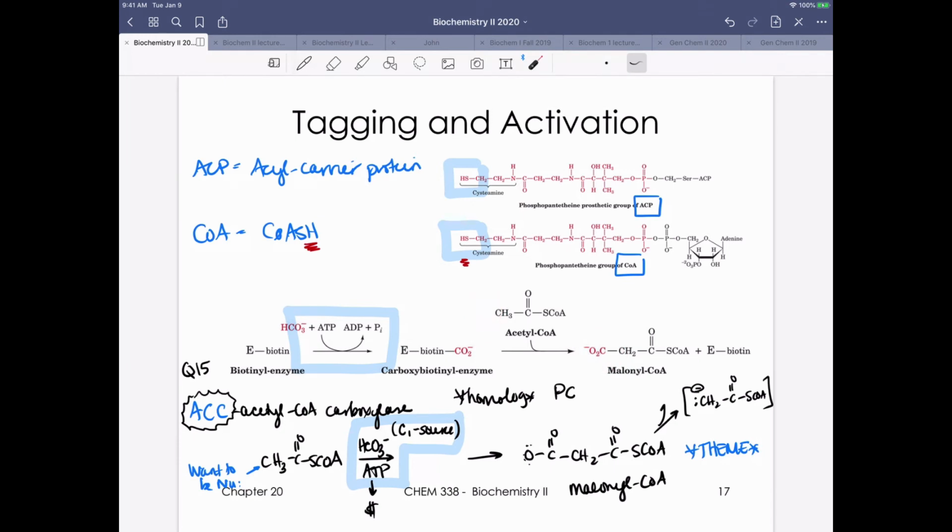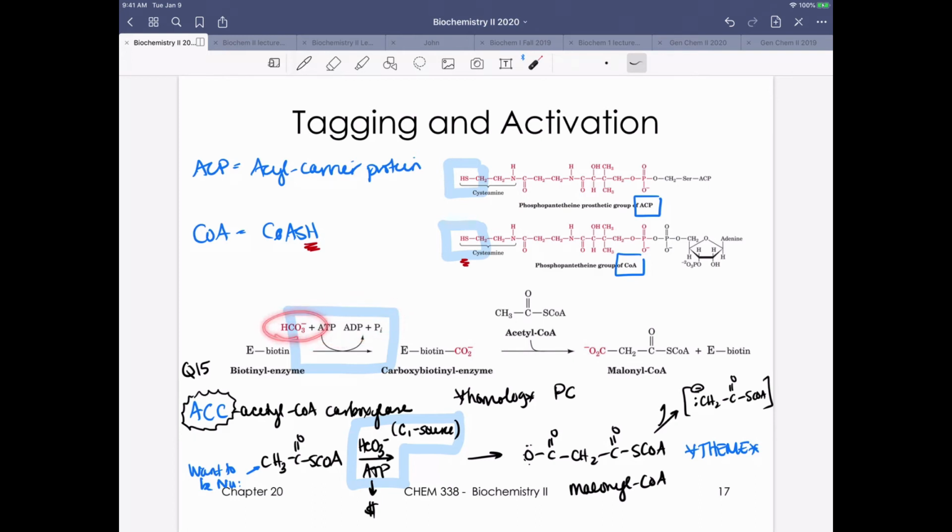Now, that's not easy chemistry to do. Remember, we've seen chemistry like this before. Pyruvate carboxylase did this chemistry. That's why we've got this written down here that this is a homolog. Remember, what we needed for that was vitamin B7, so we're going to need to see biotin here. Biotin, remember, is our carbon dioxide transfer guy. But again, that's not without a toll to pay. That's not without a cost.